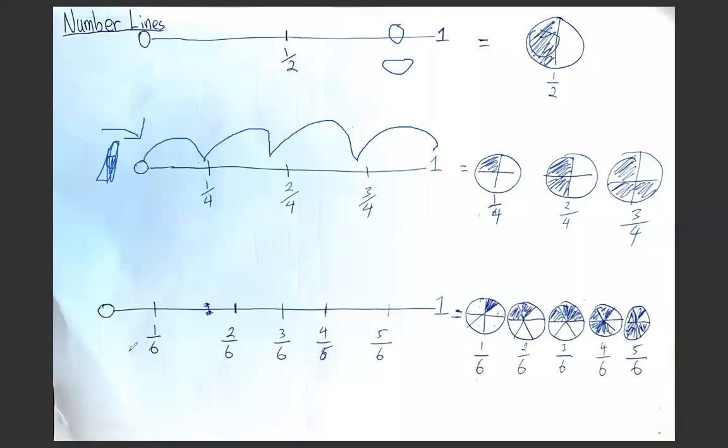Now, to find the numerator, we count the same. We go 1, this numerator is 1. 2, this numerator is 2. 3, this numerator is 3. You got that, Judy?